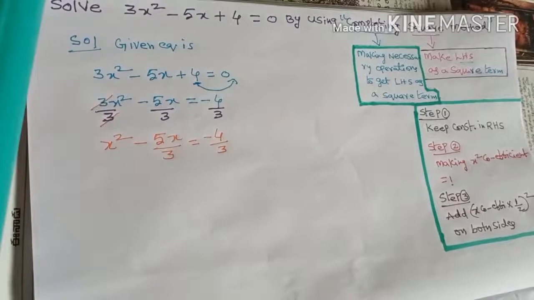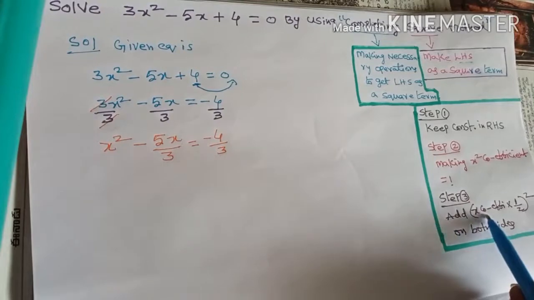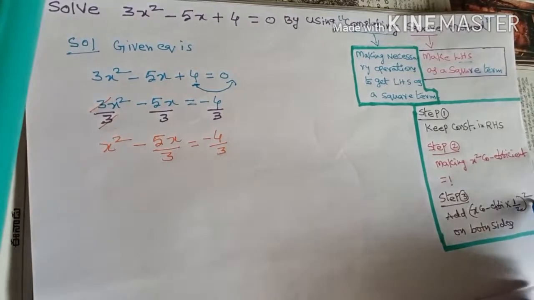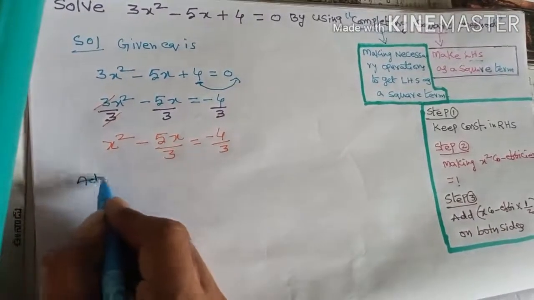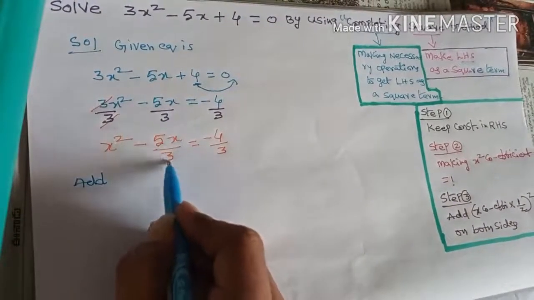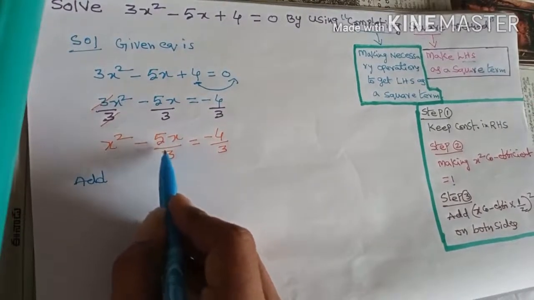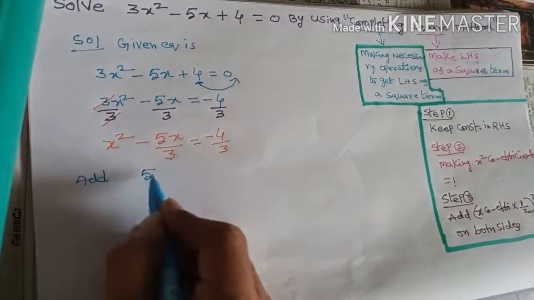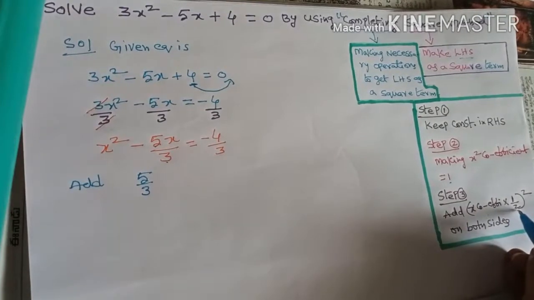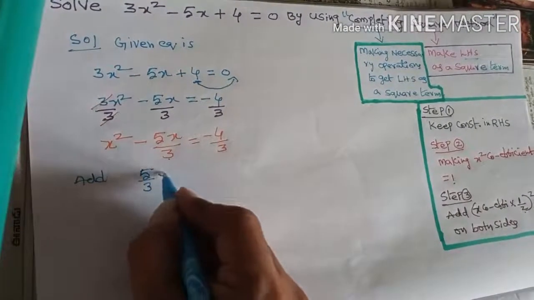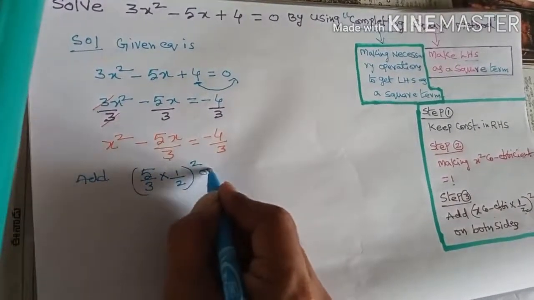Now come to step 3. Step 3 is add (x coefficient into 1 by 2) whole square. Here what is the x coefficient? You have to write 5 by 3. You should not consider the sign here, taking only the numerical coefficient, 5 by 3, into 1 by 2, whole square on both sides.